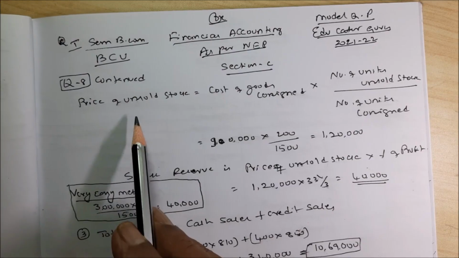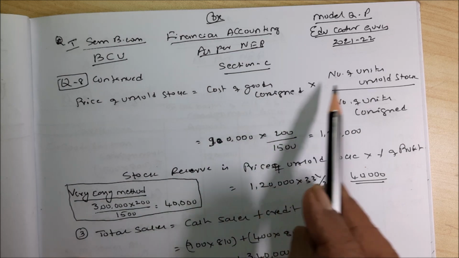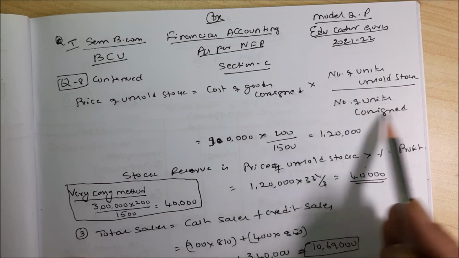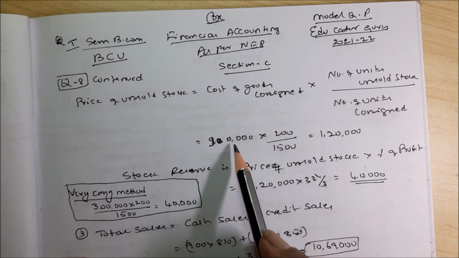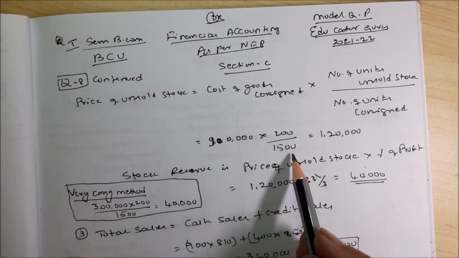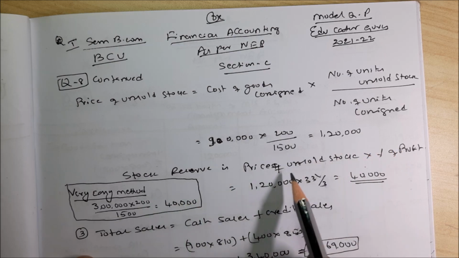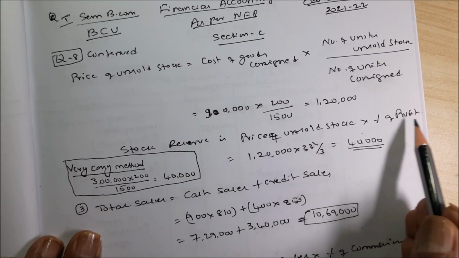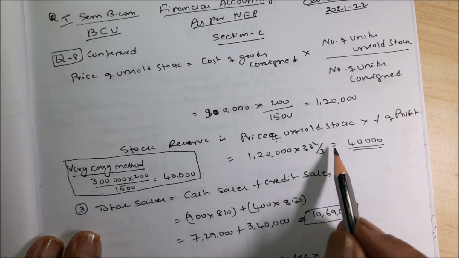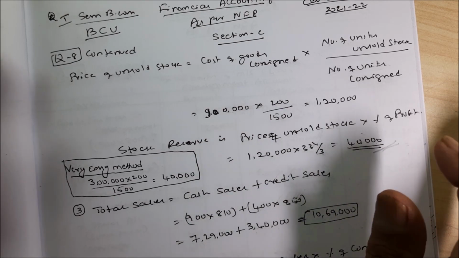Price of unsold stock is equal to cost of goods consigned into number of units of unsold stock divided by number of units consigned. 9 lakhs, that is 12 lakh minus 3 lakh, comes to 9 lakh into 200 divided by 1500, equal to 1 lakh 20,000. Then stock reserve is the price of unsold stock into percentage of profit, that is 1 lakh 20,000 into 33 1/3%, equal to 40,000. So lengthy.